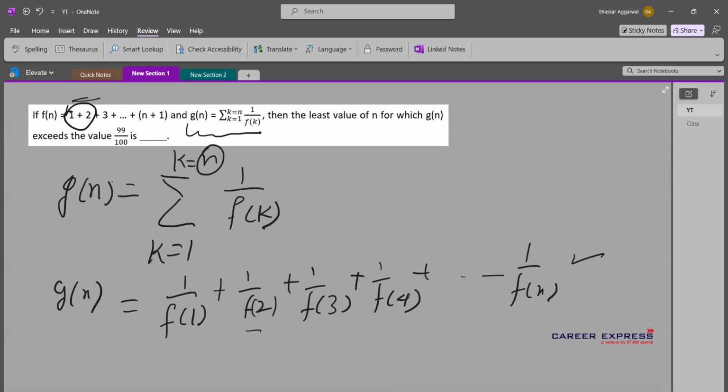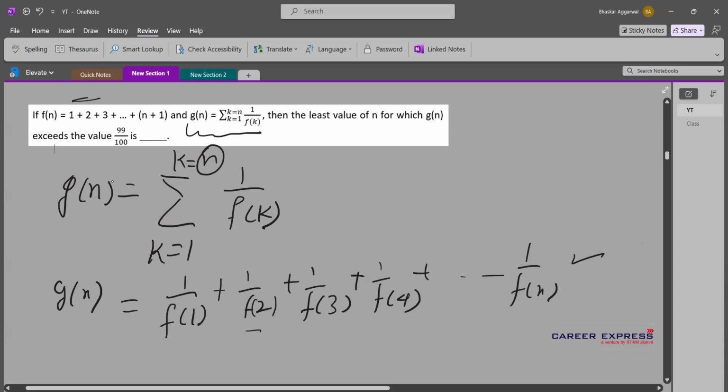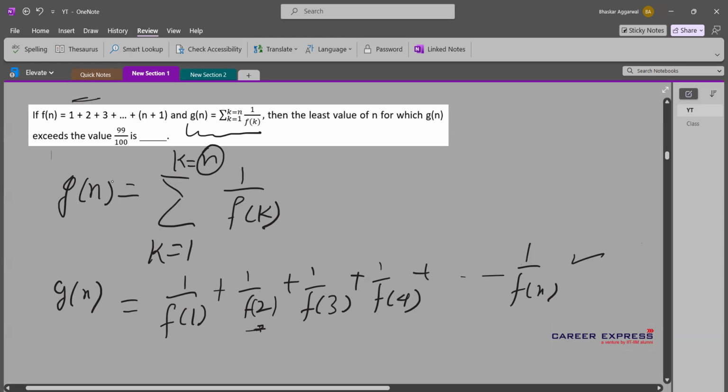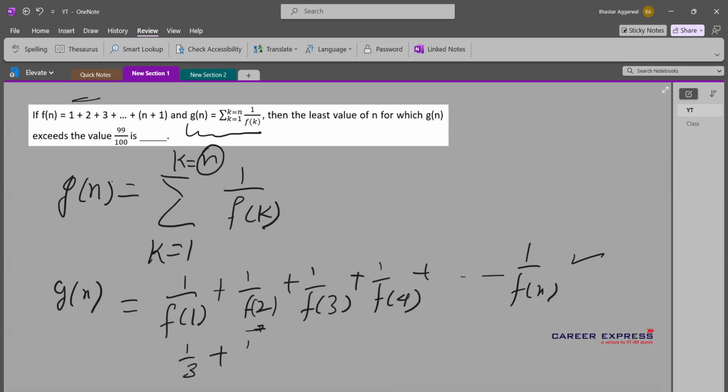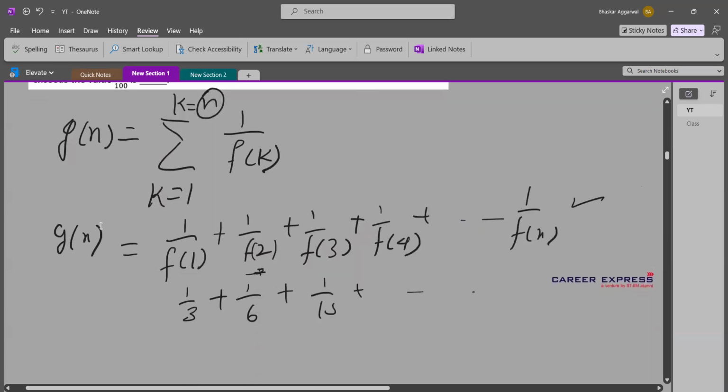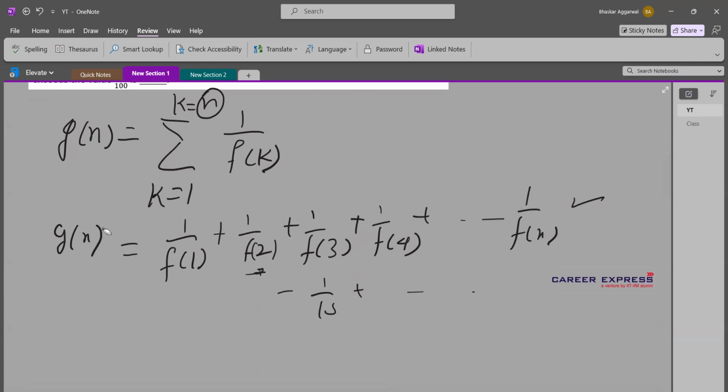So f1 will be 3. f2 will be the sum from 1 to n plus 1. n here is 2, so the sum will be till 3, so it will be 1, 2, and 3 sum. That will be 6. So f1 will be 3, then next will be 6, then next will be 10, and so on. So that's how we can get the value of gn. But that is not how we will solve this question.